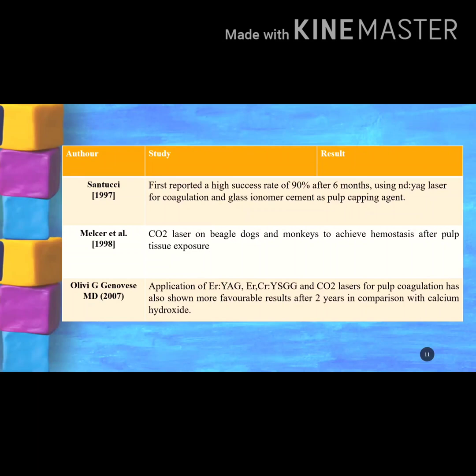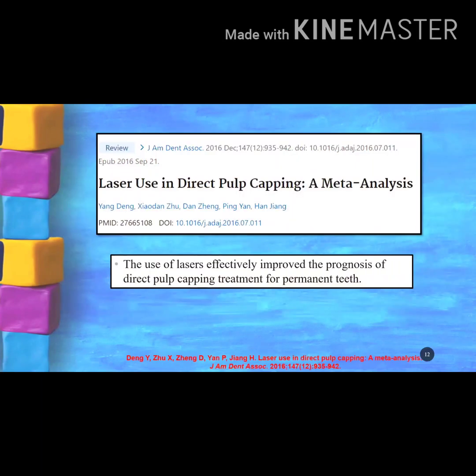Melcer et al. in 1998 used CO2 lasers on dogs and monkeys to achieve hemostasis after pulp tissue exposure. Olivi G in 2007 applied Er,Cr:YSGG and carbon dioxide laser for pulp coagulation and showed more favorable results after 2 years in comparison with calcium hydroxide.